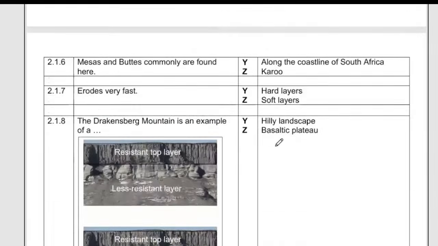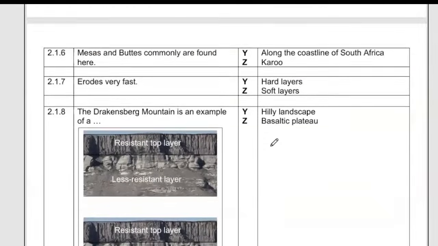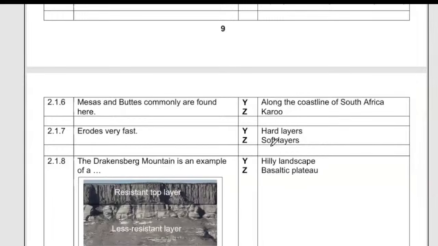We move on to question number 2.1.6. It says mesas and buttes commonly are found here. I think that is almost a similar question. Where we find mesas and buttes, we find them in the Karoo.